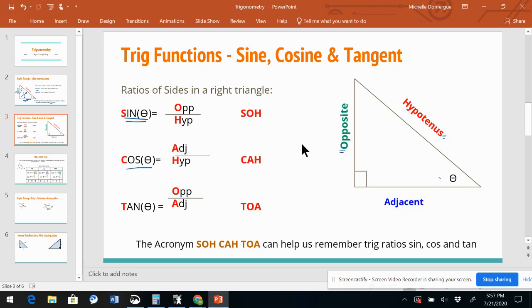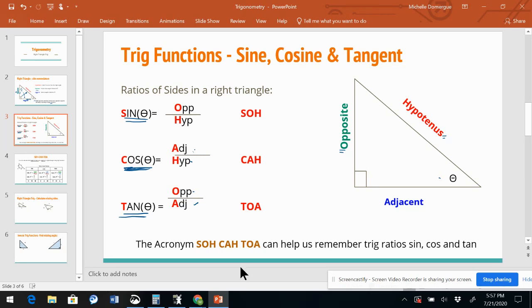The ratio of the adjacent side divided by the hypotenuse, we're going to call that cosine. And then finally, tangent is defined as the ratio of our opposite side divided by our adjacent side.